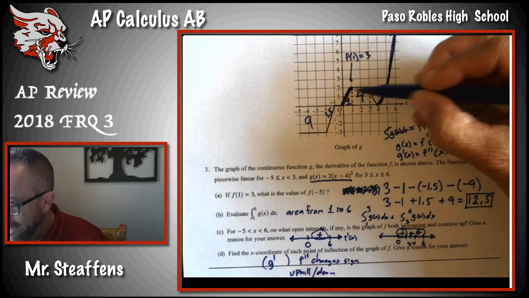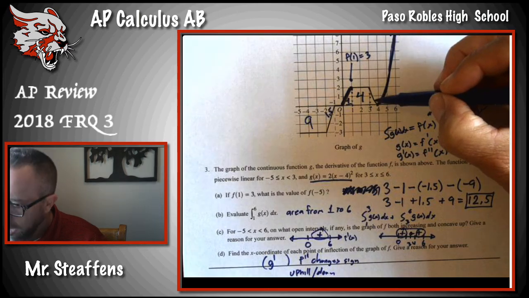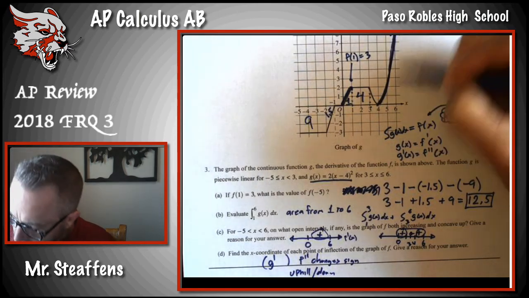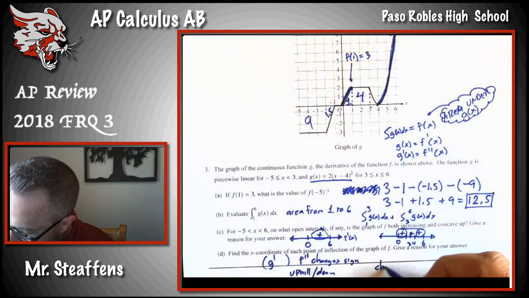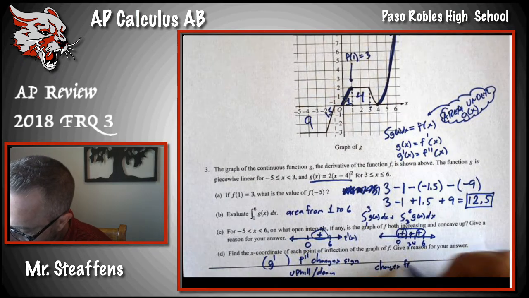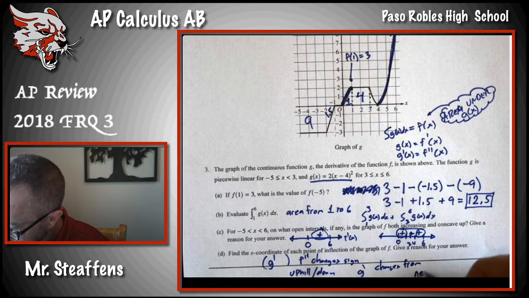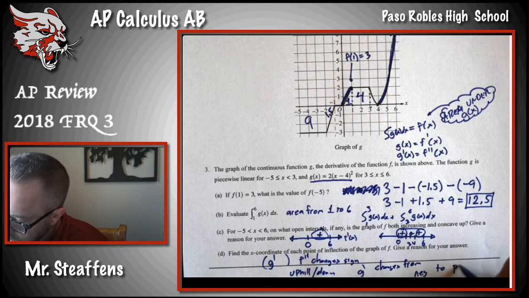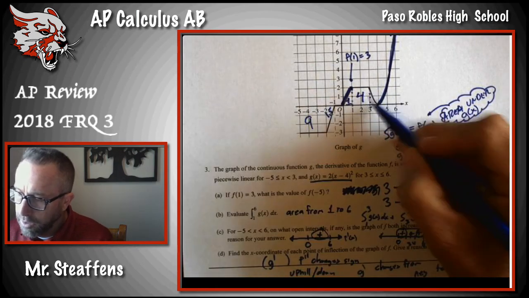So it goes from flat to downhill. That's not changing sign. It goes from downhill to uphill. So it changes. So g prime changes from negative to positive. Therefore, inflection point at x equals 4. So right here it goes from downhill to uphill.